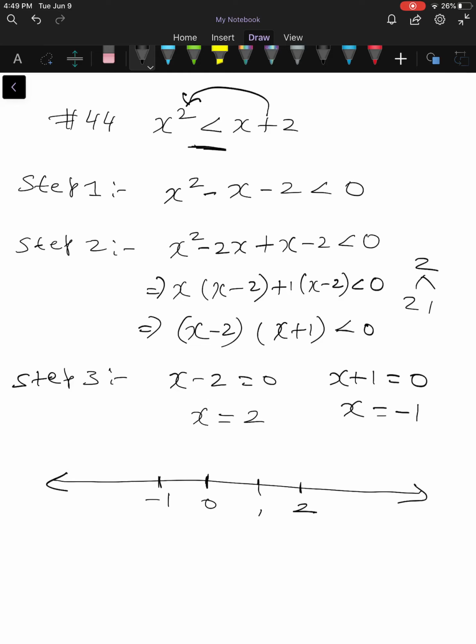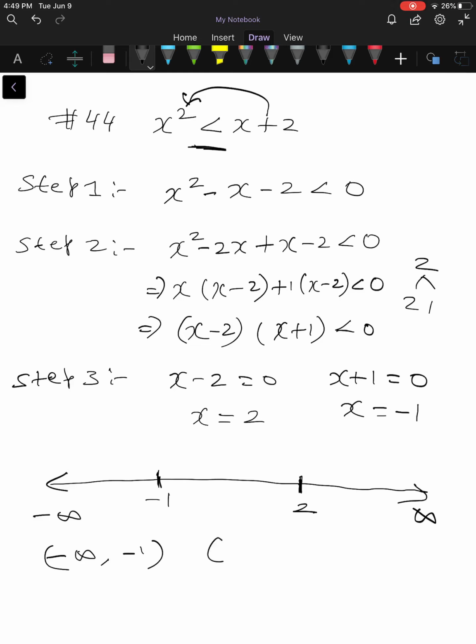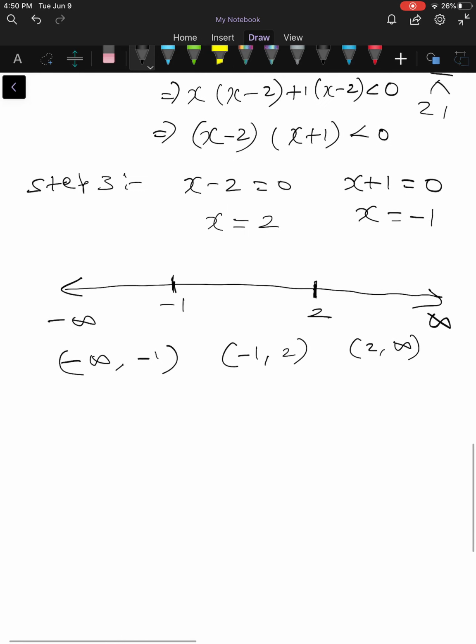I don't want 1 and 0 in between, so that I will not get confused with the number of intervals. So now in this case we have 3 parts. That is negative infinity comma negative 1, negative 1 comma 2 open interval, and 2 comma infinity as our intervals.